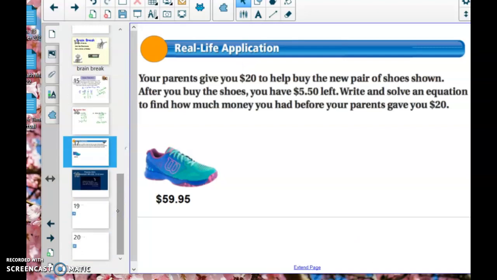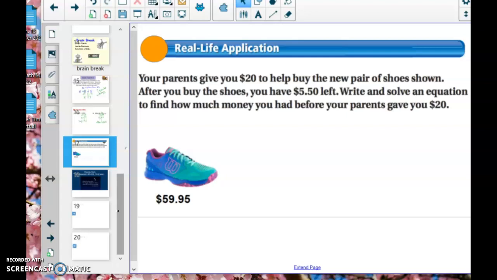It says your parents give you $20 to help you buy a new pair of the shoes shown. After you buy the shoes, you have $5.50 left. Write and solve an equation to find how much money you had before your parents gave you the $20.